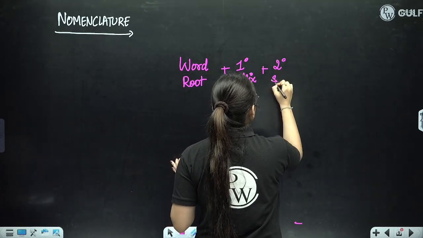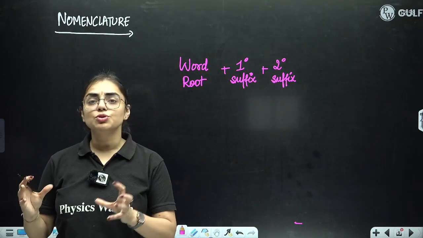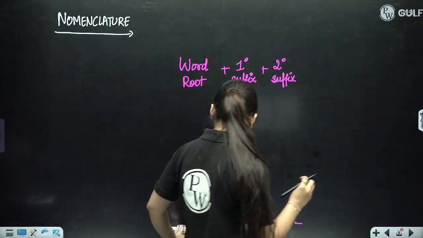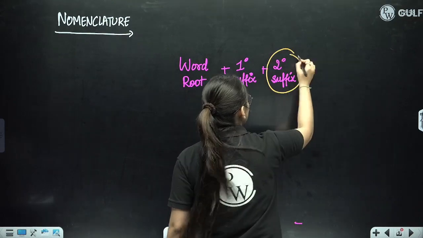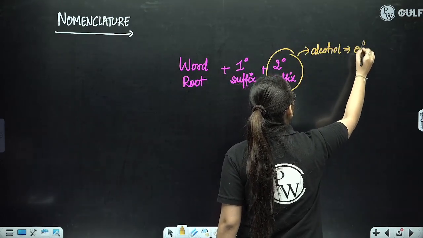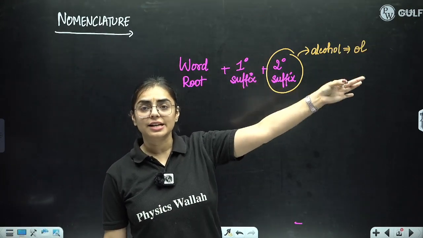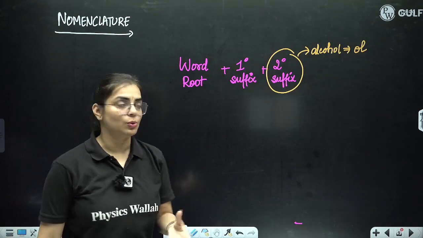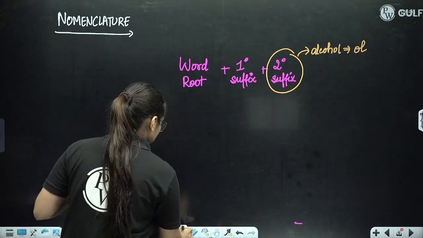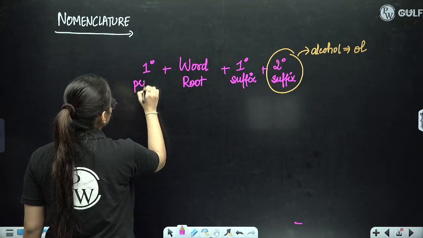At the right hand side position of primary suffix comes secondary suffix. Secondary suffix is used for functional groups. Now here, when I am talking about alcohol, for alcohol, secondary suffix will be used as ol, O-L. Remember, if you use A-L, that creates an aldehyde. O-L will refer to alcohol. Clear? Now, just at the left hand side position of word root, we have primary prefix.